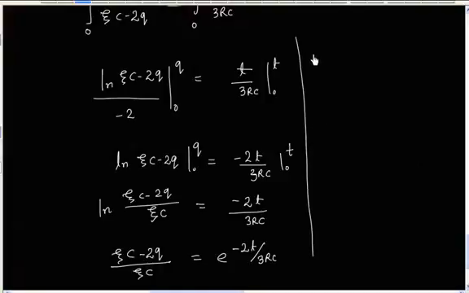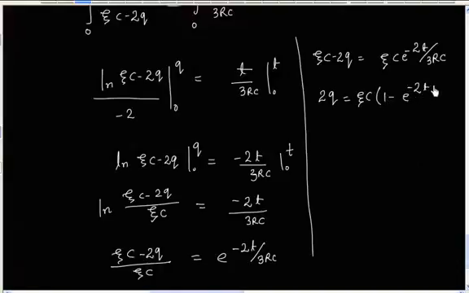So from here we can calculate Xi C minus 2q. This is equal to Xi C into e to the power minus 2t by 3RC. Or we can calculate 2q. This is equal to Xi C, if I take common, then I have 1 minus e to the power minus 2t by 3RC. So from here we can write q is equal to Xi C by 2 into 1 minus e to the power minus 2t by 3RC.